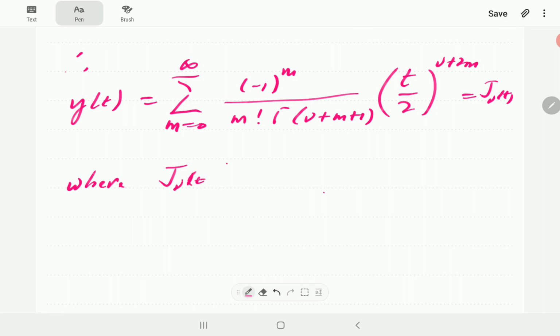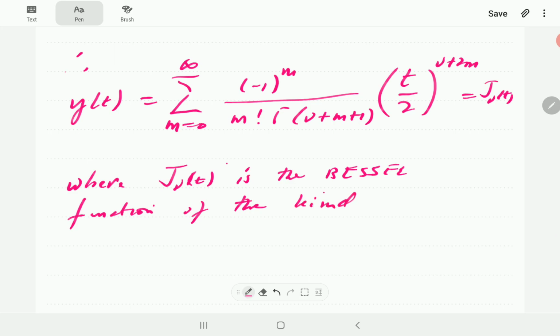J nu of t is the Bessel function of the first kind of order nu, so this function is regular at the origin.